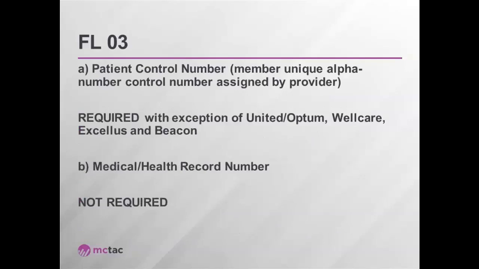Field 3 is referred to as a patient control number. It's really meant to be predominantly for the electronic health record component. It is required that you populate something. Usually, if you do have an electronic system, it would generate an electronic number that's specific to that case within that system, and that's where that number goes in.